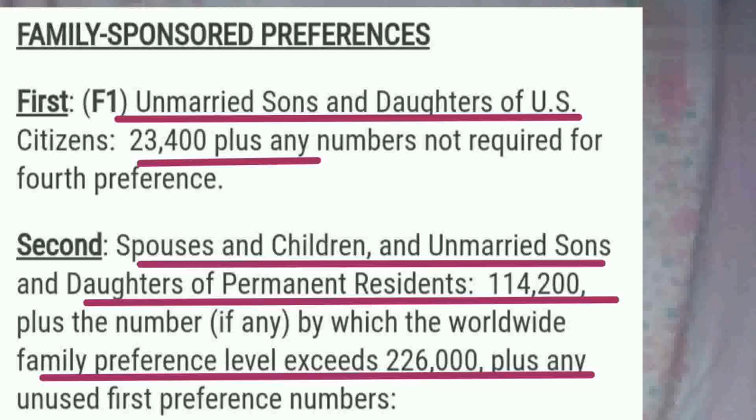Second, spouses and children and unmarried sons and daughters of permanent residents, 114,200, plus the number, if any, by which the worldwide family preference level exceeds 226,000, plus any unused first preference numbers.